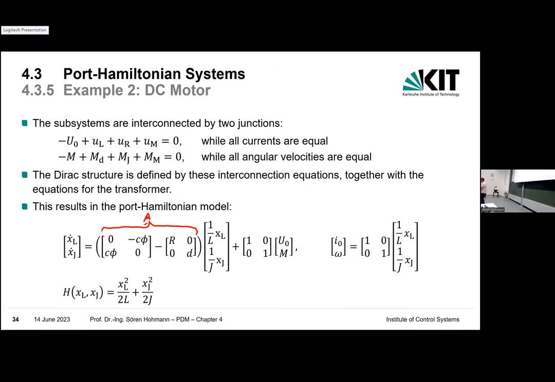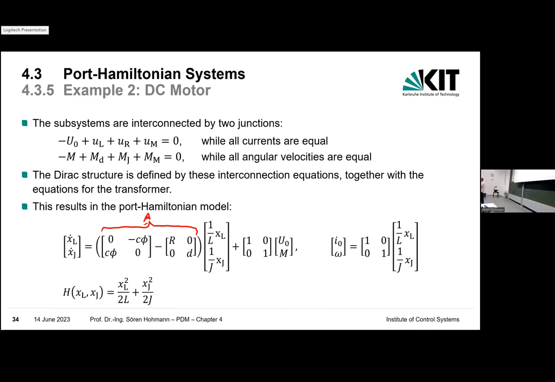And those together finally define the matrix A of the state space system. So that's the first message. So the Dirac structure plays a role, and the resistive elements play a role for this matrix.